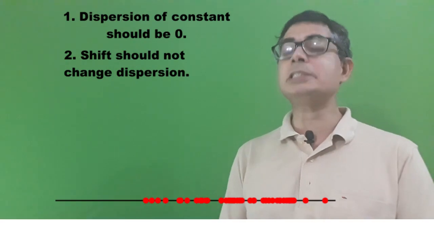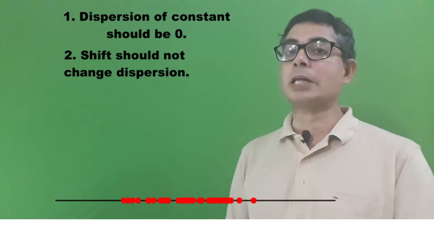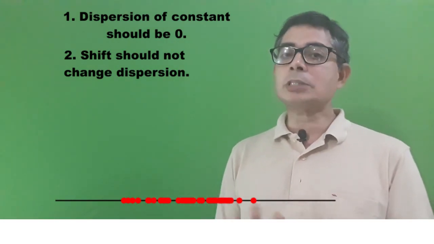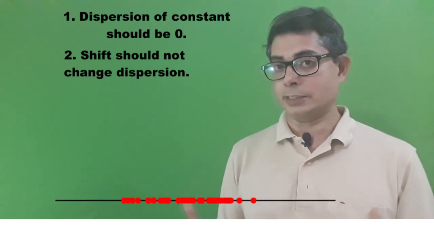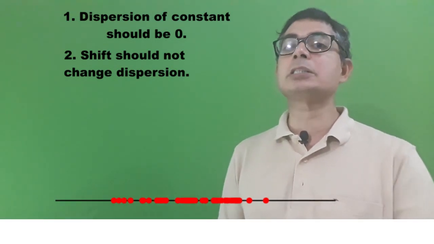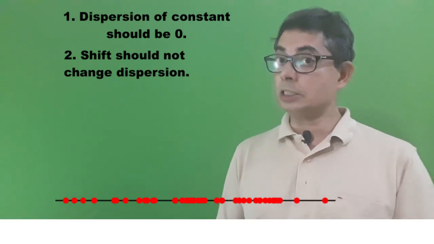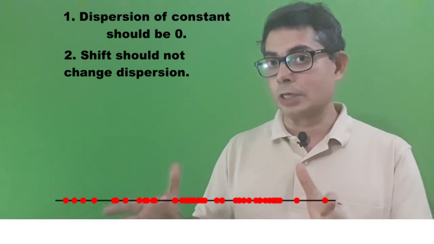Well, next comes yet another desirable property. We again start with the values along a number line. They have some dispersion. Now suppose we multiply all the numbers by some constant, say c. For instance, if I take c equal to 2, then we just double all the numbers. Then the dispersion also increases. It should change according to that constant c.